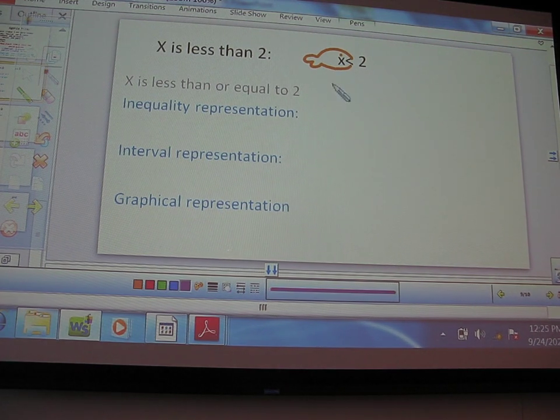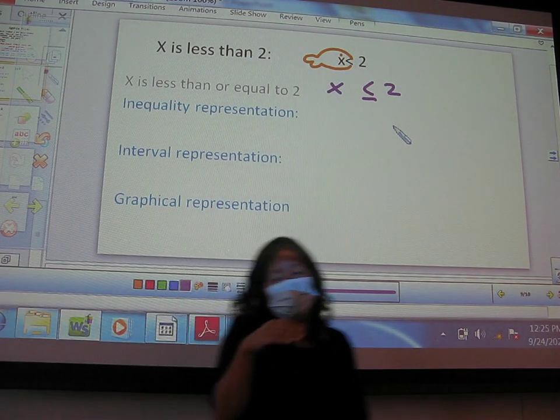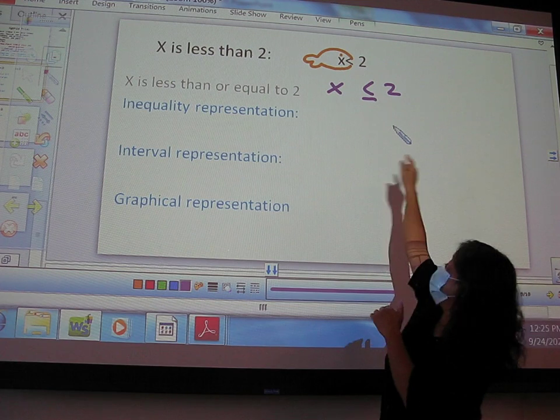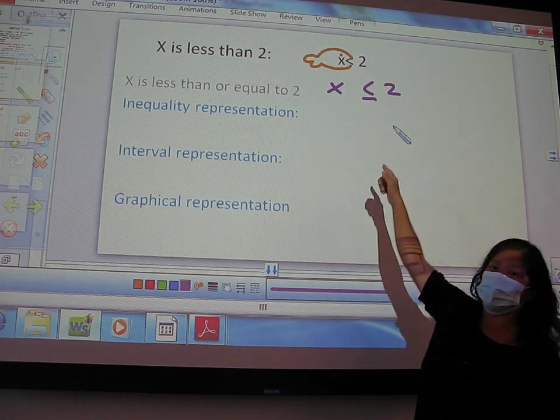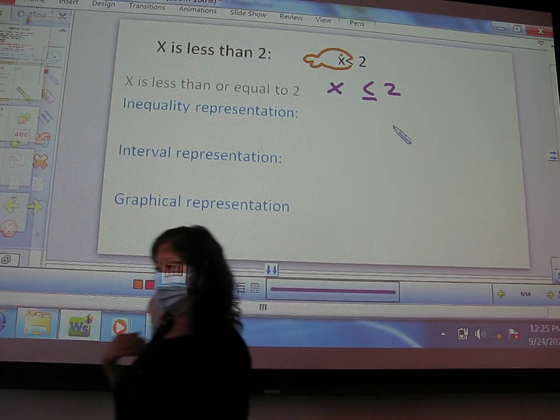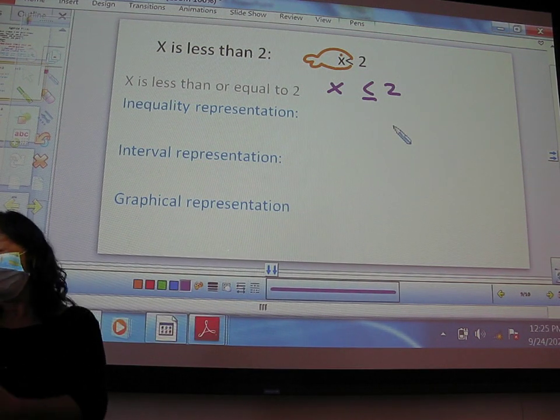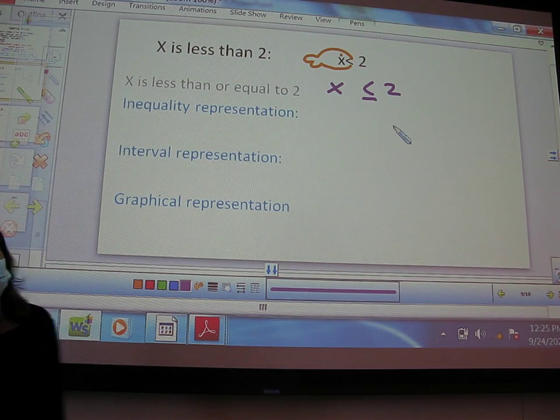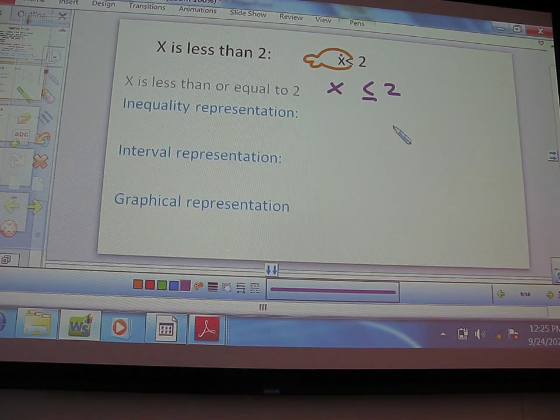You say X is not just less than 2, but it's also equal to 2, because our equal sign is 2 of those lines, right? So we kind of combined them and gave it part of the equal sign. So it's X is less than or equal to 2. That means it's either less than 2 or it could also be equal to 2. So that's the inequality representation of that.